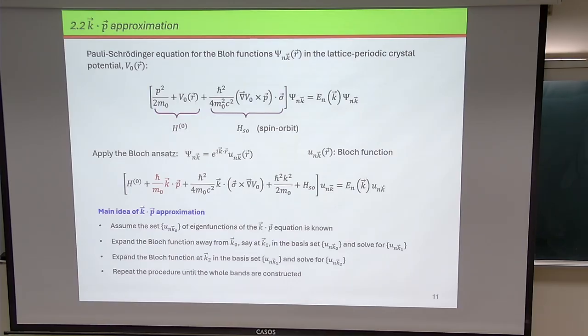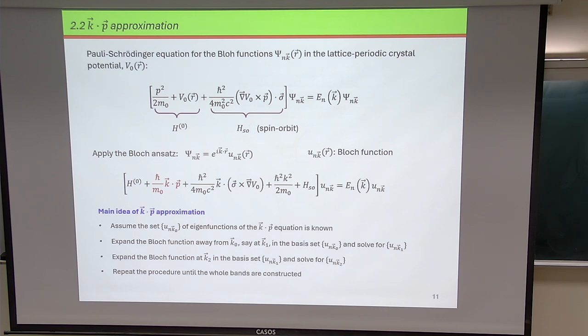Then you rewrite this Hamiltonian in this basis of states at this k naught point, and then you solve the equation. So you get the equation for a small k close to this k naught.